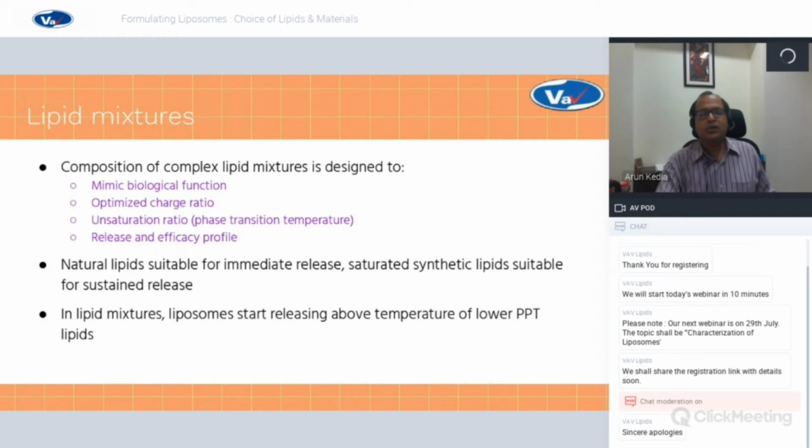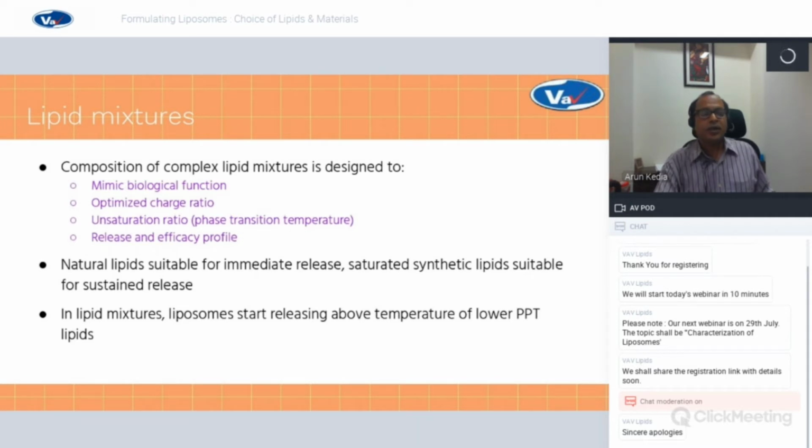Typically, if you use synthetic lipids like DPPC or DSPC, DSPC having an extremely high phase transition, so it always remains in the gel phase, even inside the body. And because it's not crossing the phase transition, only the enzymatic action will degrade the liposome, which is a slow action, and so you will have a slower or a sustained release effect.